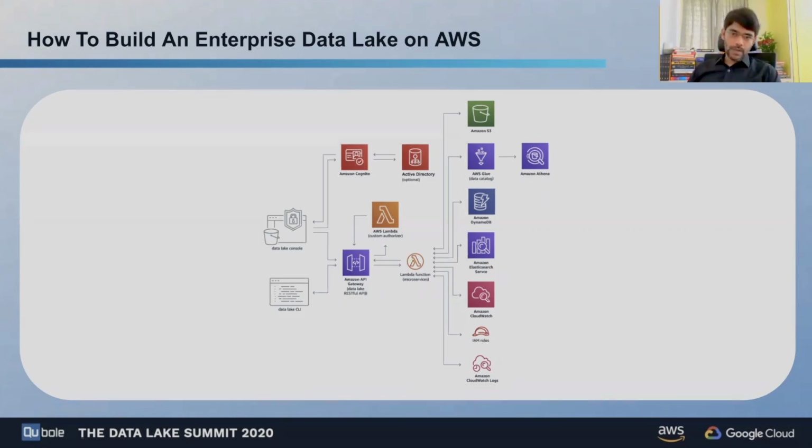The metadata also could be stored in DynamoDB itself, right? So that is another use case. And Elasticsearch, if your workload is text search heavy, and CloudWatch for monitoring and alerting, IAM roles we already talked about, and CloudWatch Logs for auditing purposes.